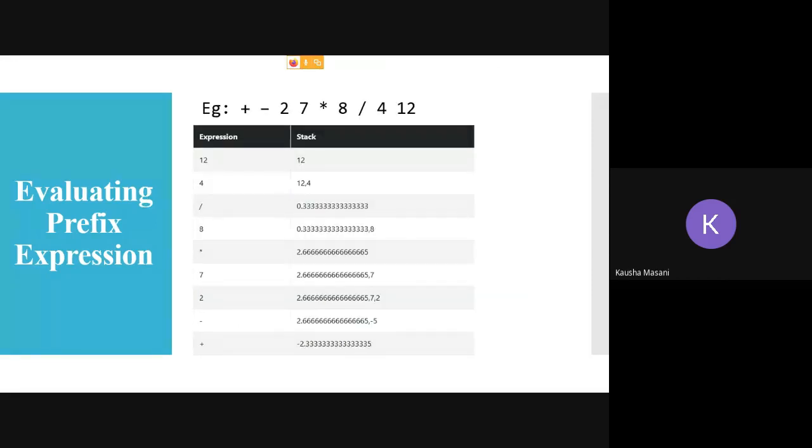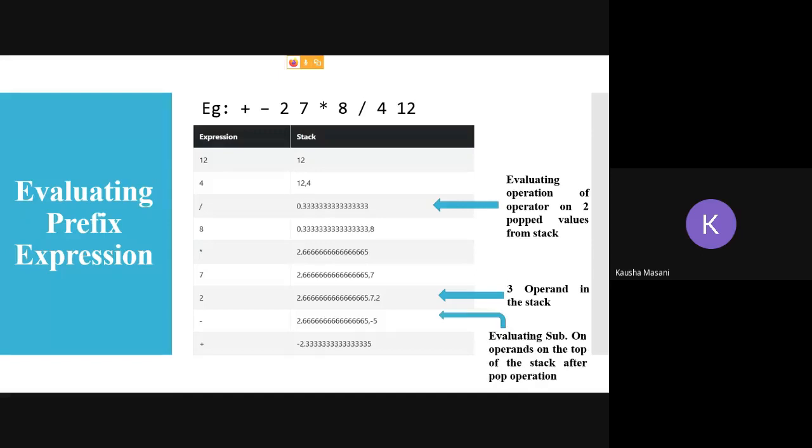In some of the books, I have explained it with the help of explanation and some arrows, the same thing which I have said. Evaluating the operation of the operator on the two popped values from the stack. Multiple operands in the stack. Again, evaluating the subtraction on the operands on the top of the stack with the pop operation.